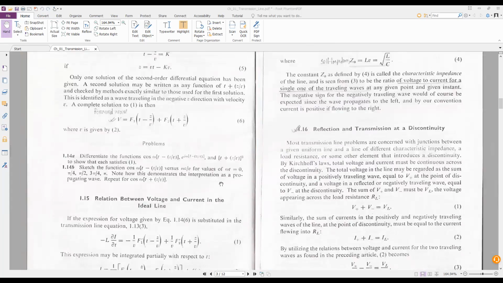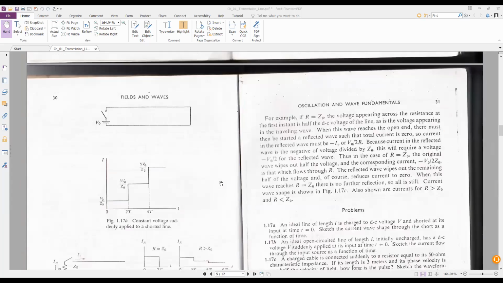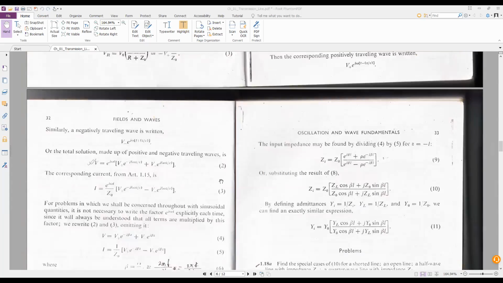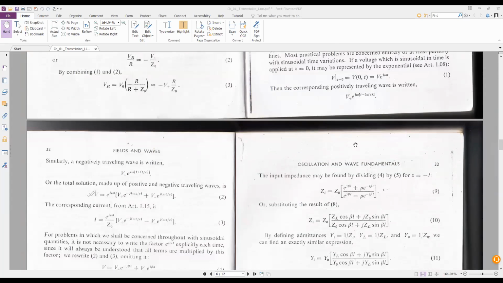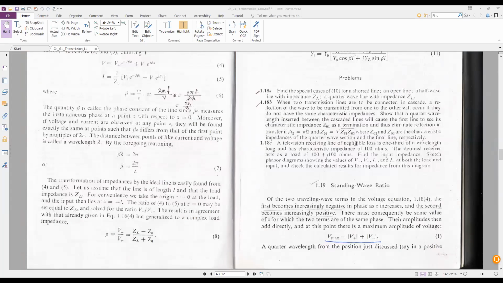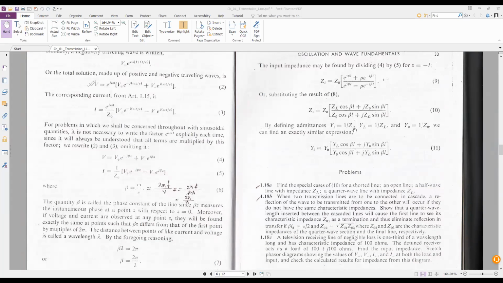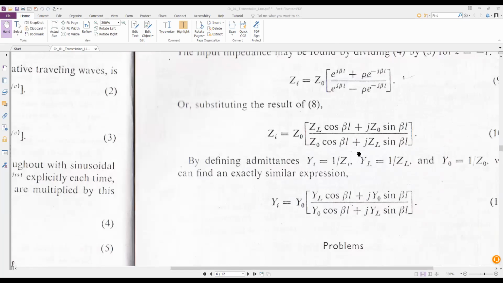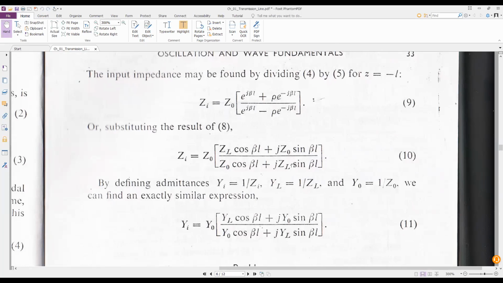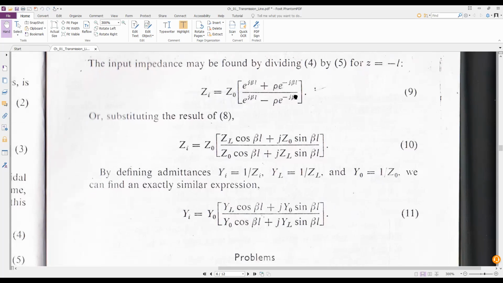And another one is there. This one, the ideal line with applied sinusoidal voltage. This is called the input impedance, and that is the input admittance. Two equations are there. These equations will also be required for the maths.